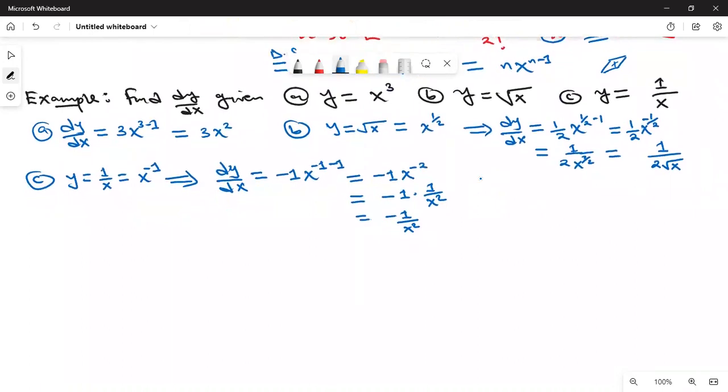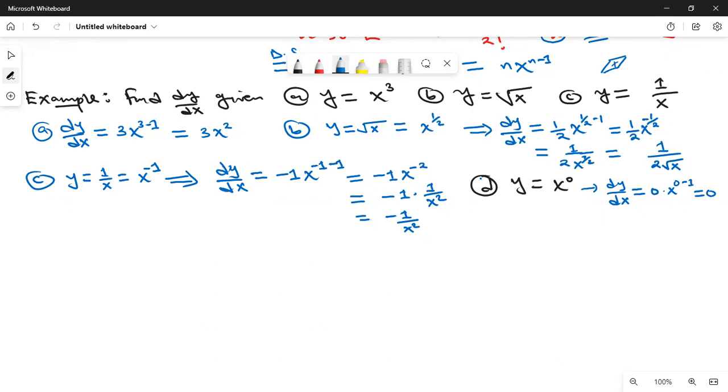So let's say part D. Part D, we are told that y is equal to x raised to 0. x raised to 0 is 1. So what is dy dx? This means that dy dx will be equal to, bring down the 0, then times x raised to 0 minus 1, and 0 times anything is 0.